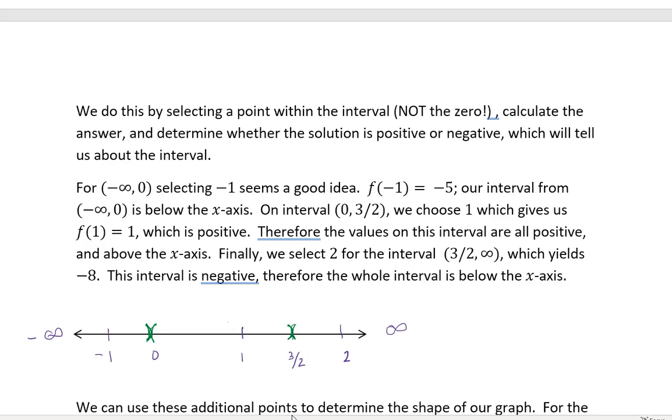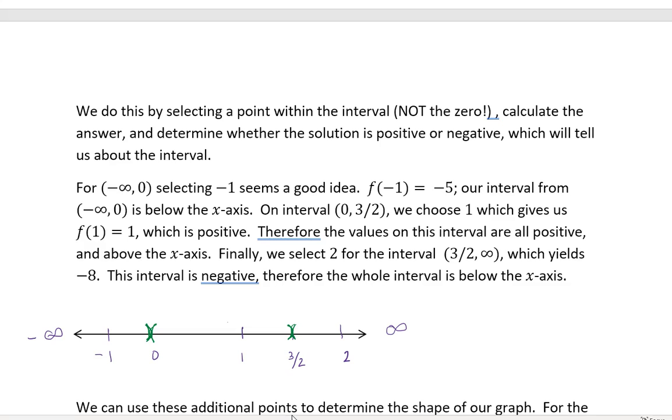So if it's positive, the whole interval is positive. If it's negative, then the whole interval is negative. And when I say negative, it means it's below the x-axis, and positive is above the x-axis. So the big key here is don't pick somewhere that is a zero. We cannot pick 0, and we cannot pick 3 halves. Those two will give us a real zero, and that's not what we want.